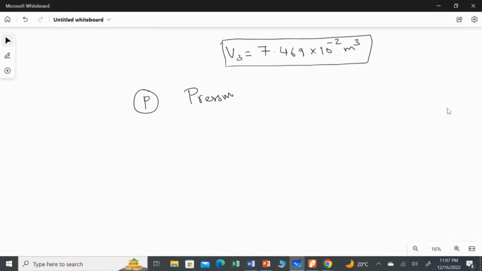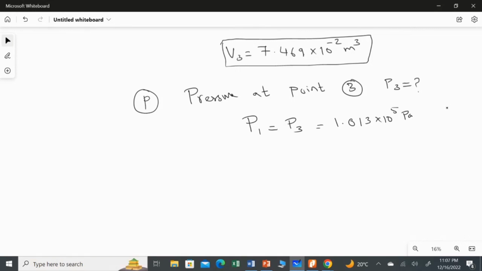the pressure at point 3, which we are going to find, is very easy. P1 is equal to P3, so you have to see the figure, okay? P1 is equal to P3, so it takes the value of 1.013 multiplied by 10 power 5 Pascal, because this value for P1 is already given in the question.